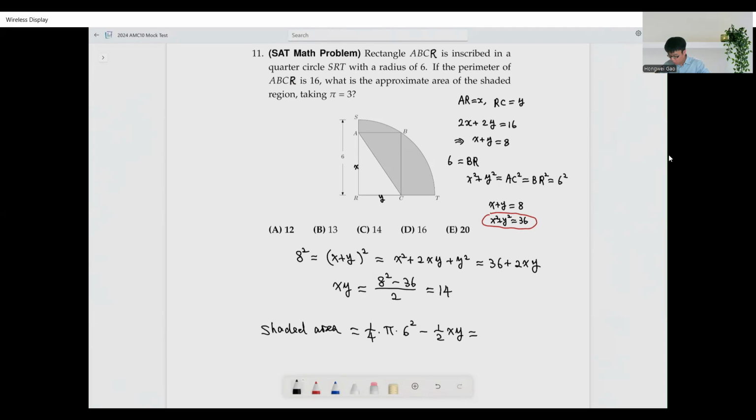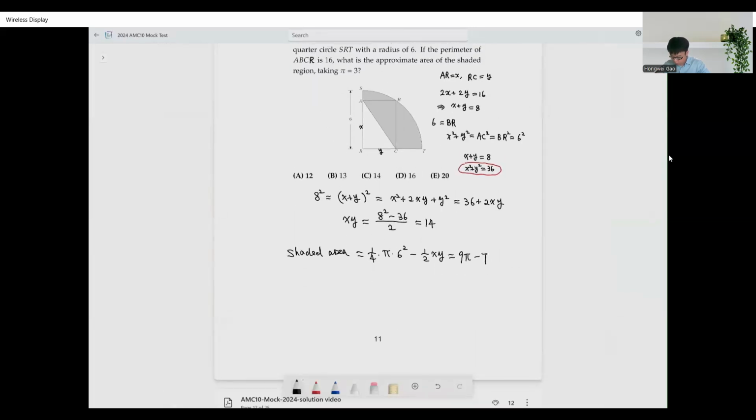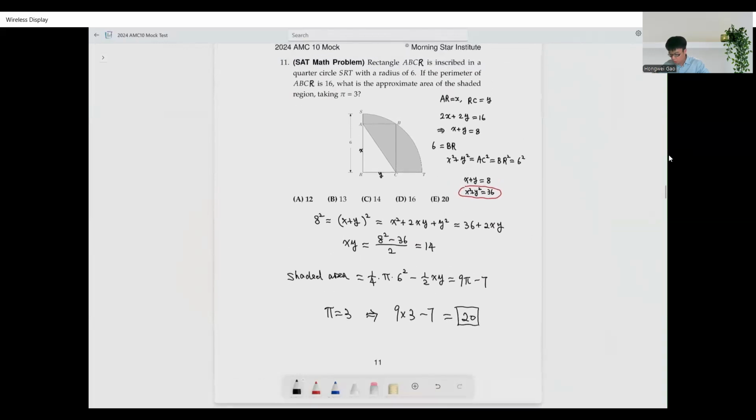So it's equal to 9 pi minus 1/2 of xy, which is 7. If you take pi to be 3, that implies 9 times 3 minus 7, the approximate area is 20. The answer to this question is 20.